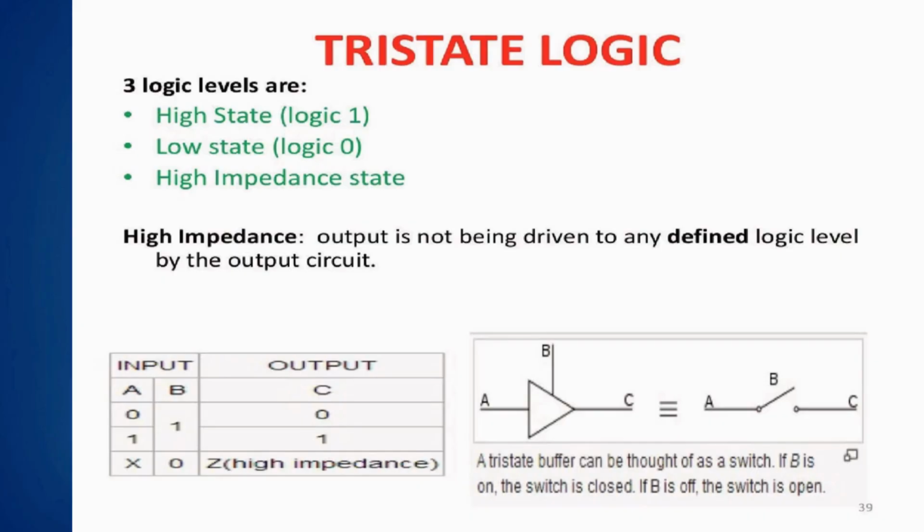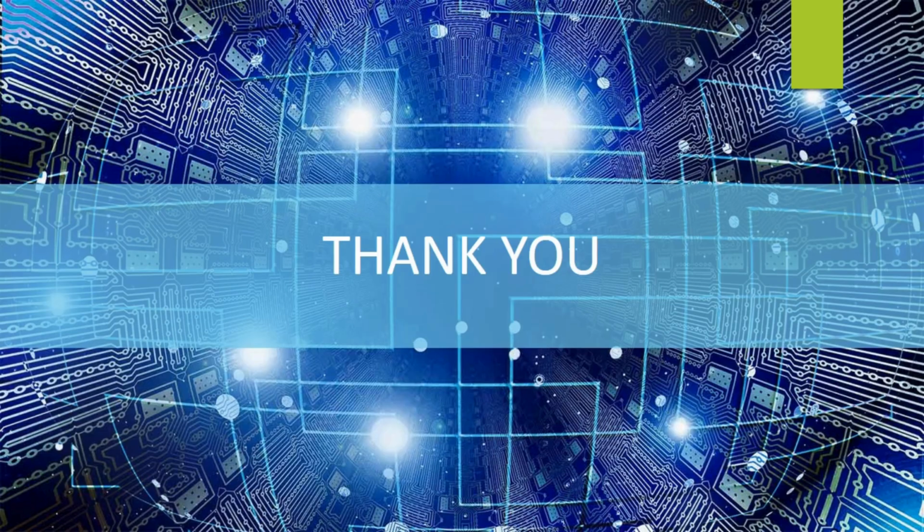A low state is logically 0. In the high impedance state, the output is not being driven to any defined logical level by the output circuit, so we cannot operate anything on it.